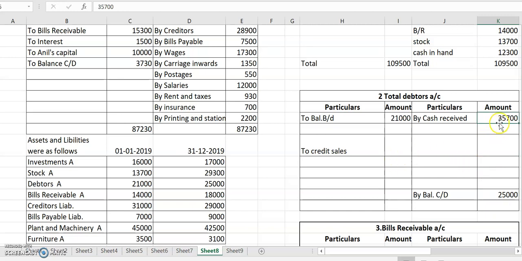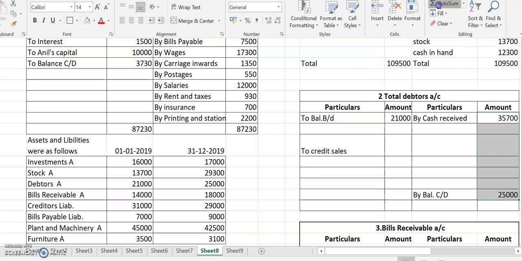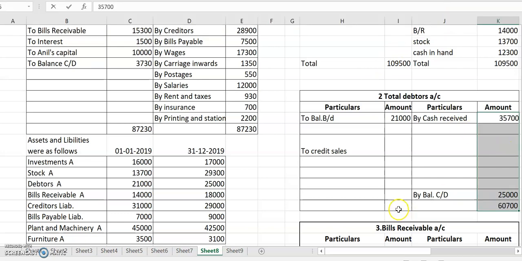So according to this, we can now find the amount of credit sales. The total is 60,700. Out of that, 60,700 minus 21,000, the opening balance of debtors, gives you 39,700, which is the credit sale for your question.